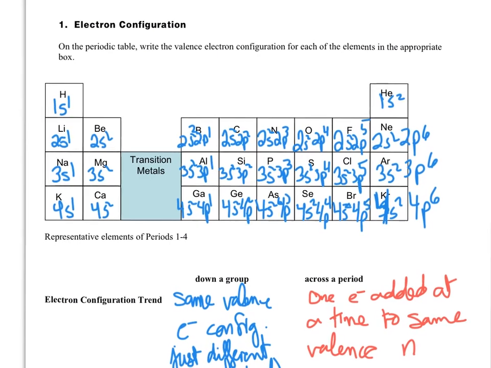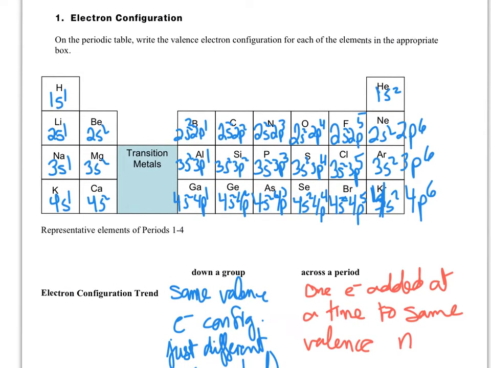I'm going to go real quick back here and look at the electron configuration. See how all of these end up with s1? That tells us that it only has one valence electron. I'm going to go ahead and write that up here. The second group, see how they all end with s2, and so these have 2 valence electrons. The next group, skipping the transition metals, let's look at group 13, 2s2, 2p1, so s2 and p1, that's 3 valence electrons.